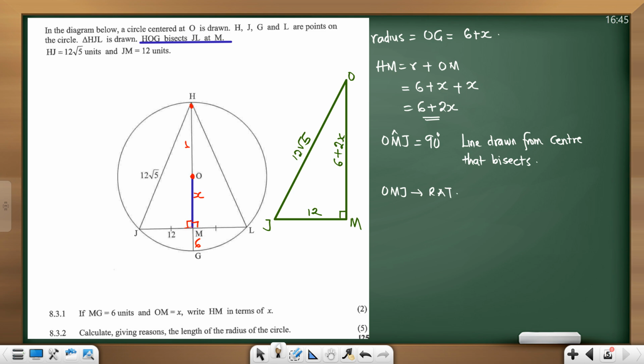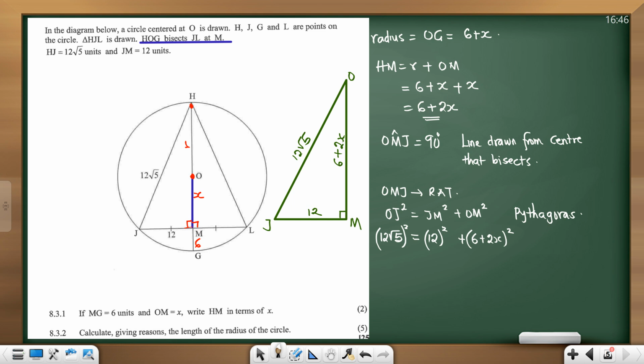Then I can work out my Pythagoras now, which is what? OJ squared equals JM squared plus OM squared. Please make sure you write that word, Pythagoras. I'm going to need you to get me the algebra now. 12 root 5 equals 12. Don't forget, all of this is squared, plus. Okay, come, algebra now.